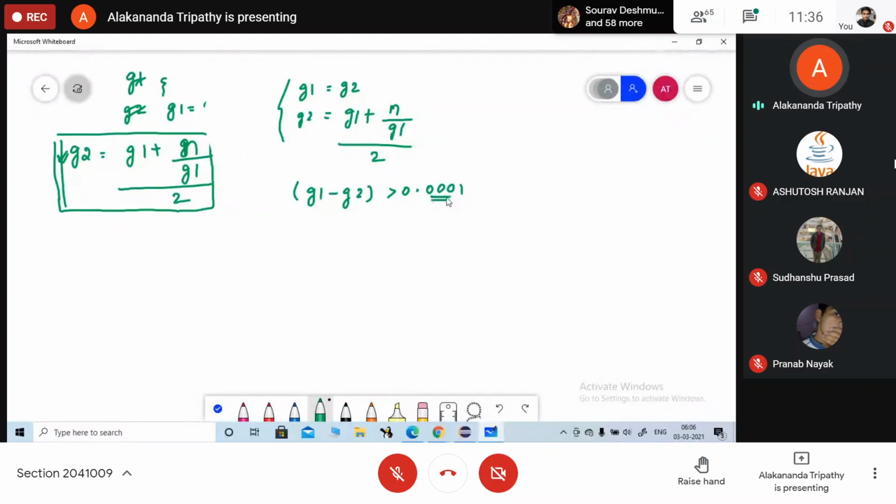It will give you the accuracy after decimal point 3 places or 4 places. If you are going to use 4 zeros, then it will give you accuracy up to how many decimal places? 5. Okay, 4 or 5 decimal places. Okay, this formula you are going to take.